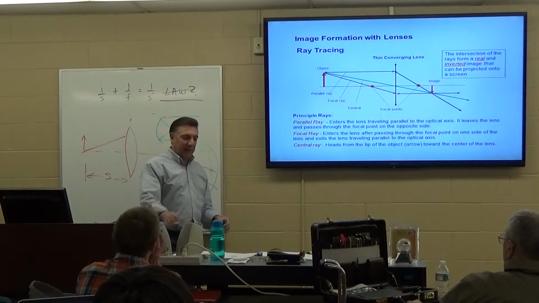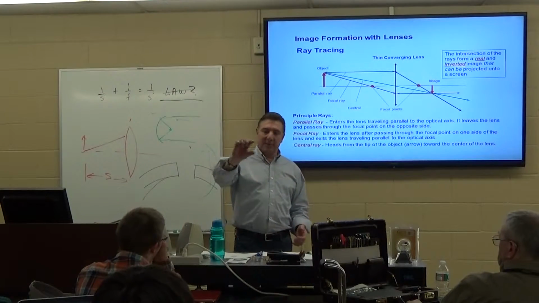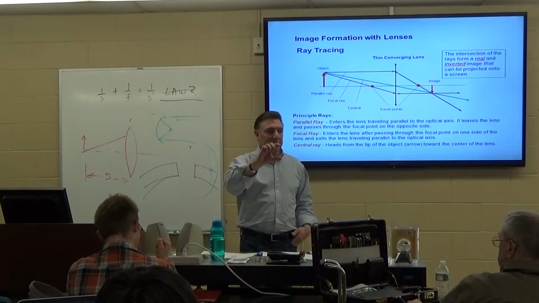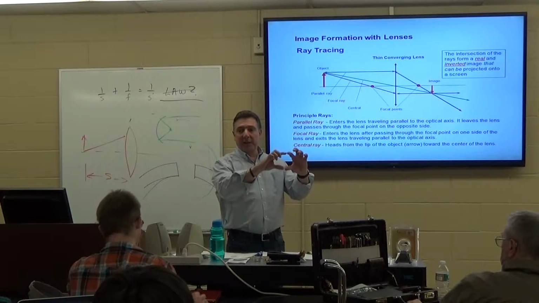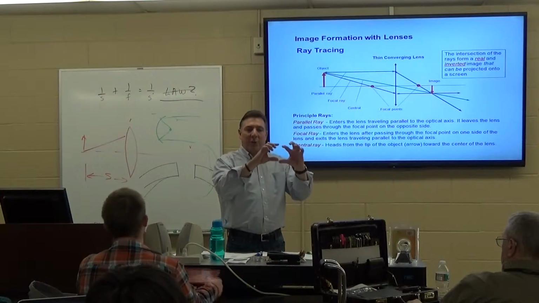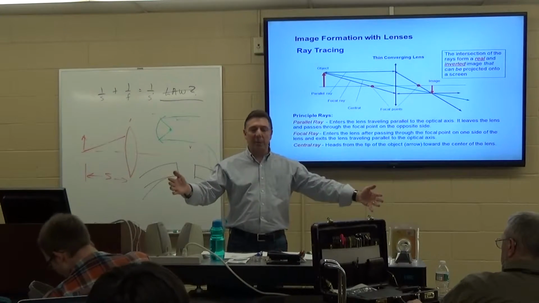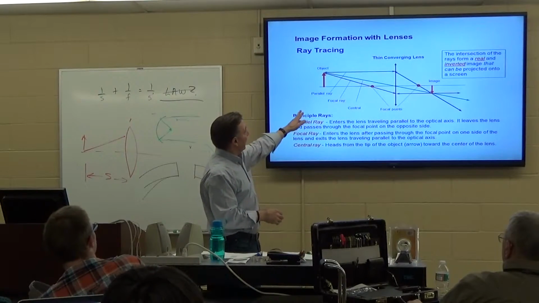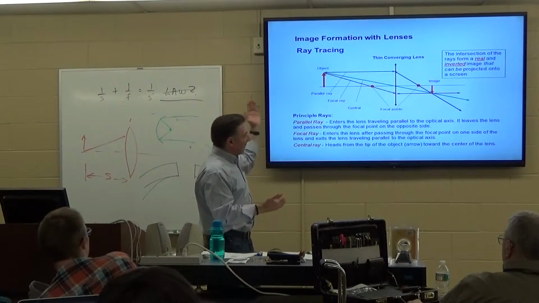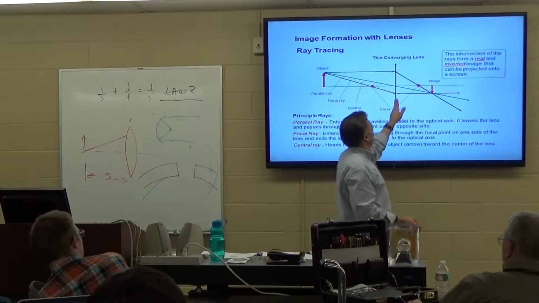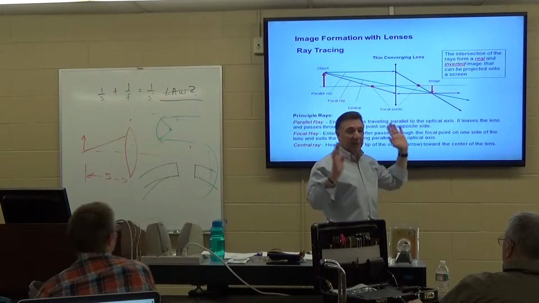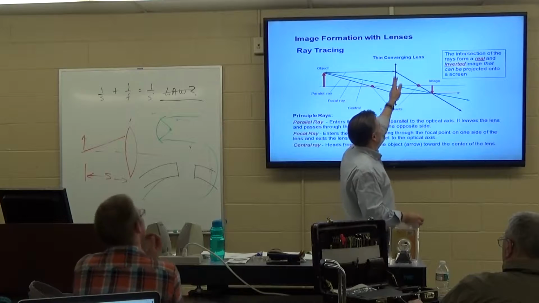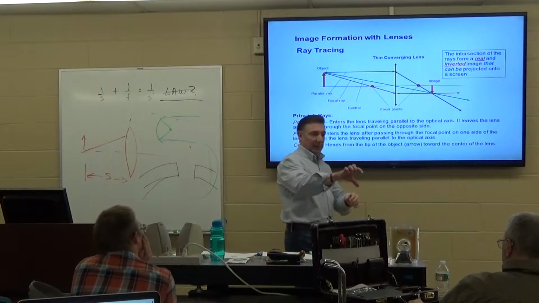If I have a physical lens, let's say it's 25 millimeters in diameter, and I know the focal length of that lens, I can graphically determine, with a piece of graph paper and a ruler, where the image is going to be formed using something called ray tracing. If I show my lens, this can all be done on a piece of paper. You can actually draw it to scale.